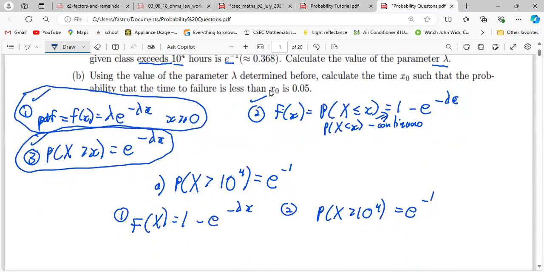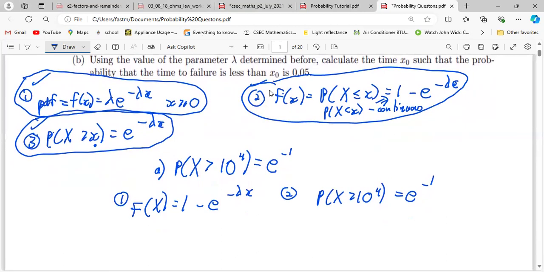We have the equation for the CDF, and we have the equation for the opposite. So we could bring in the CDF equation.